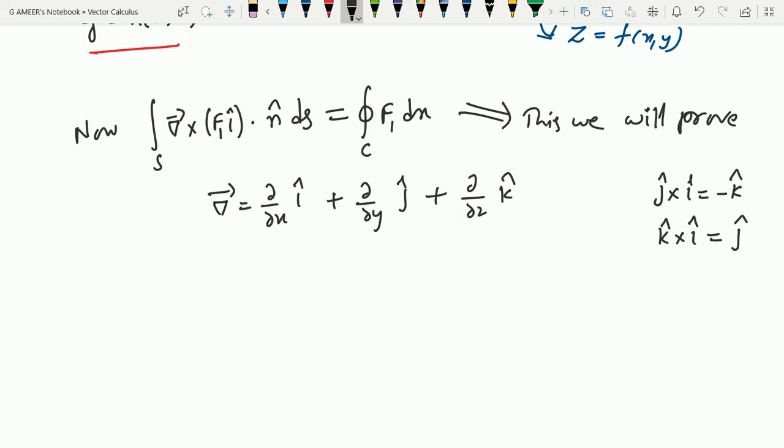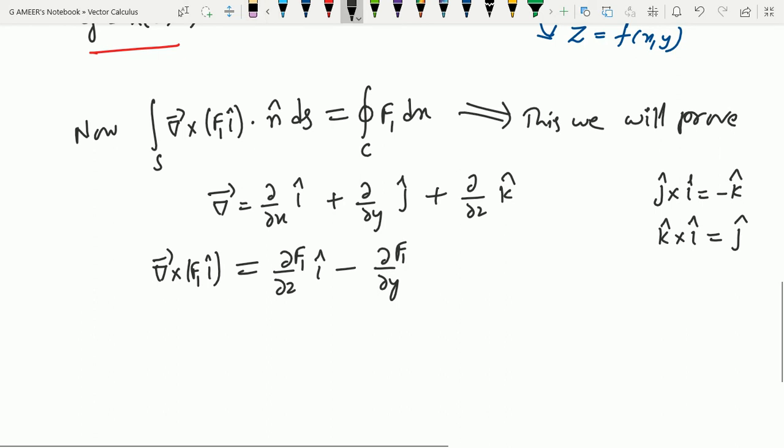So that means del cross f1 i cap, finally, I have the first term as 0, then the second term will be minus k cap, then the third term will be j cap. That is dou by dou z of f1 j cap minus dou by dou y of f1 k cap.